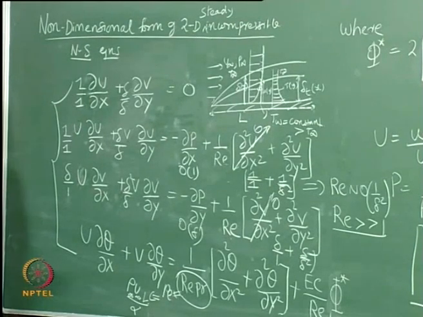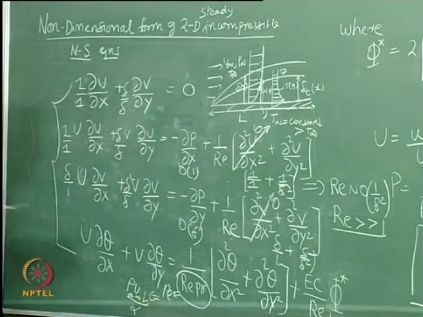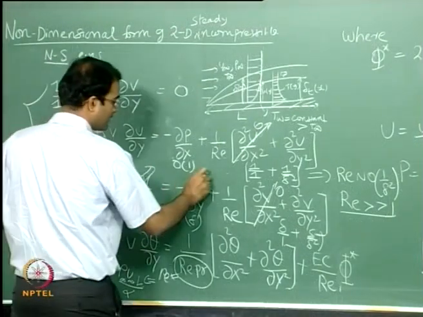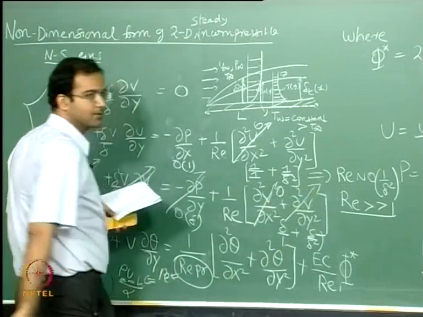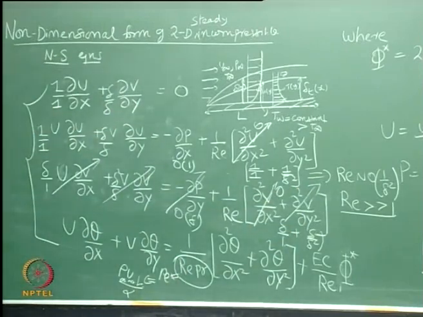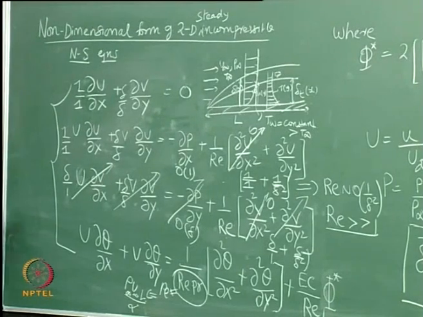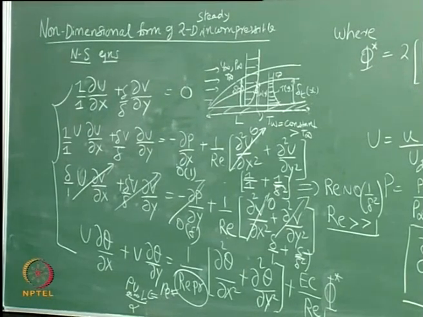Already your delta is very small, right? So you can safely say that you can neglect all the terms without making much difference. If you are operating at high Reynolds number, all the y momentum terms are of extremely small order of magnitude.